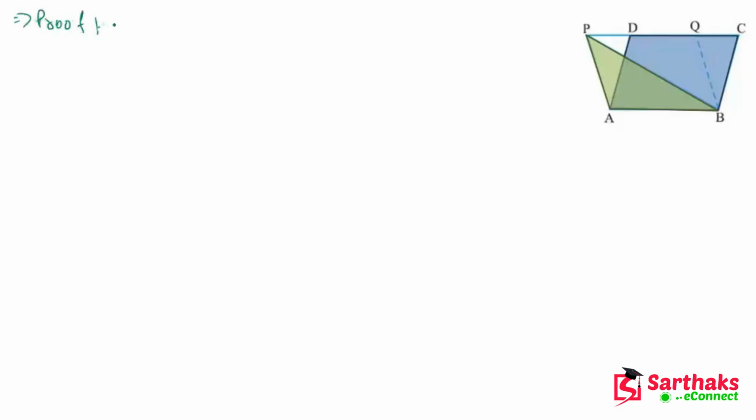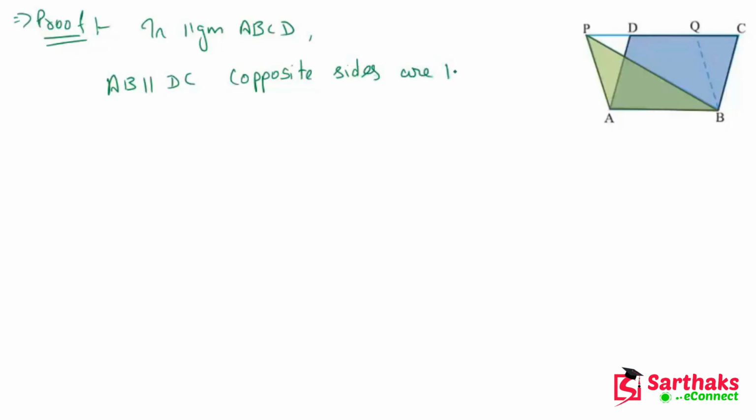So here is the proof. In parallelogram ABCD, we know that AB is parallel to DC, because opposite sides are parallel to each other.